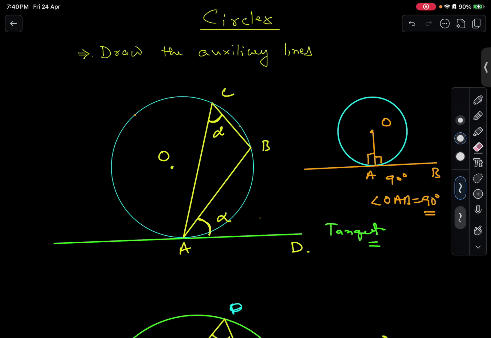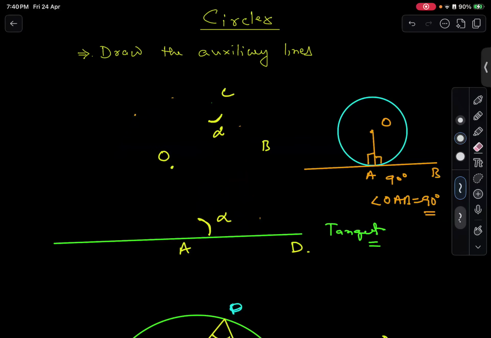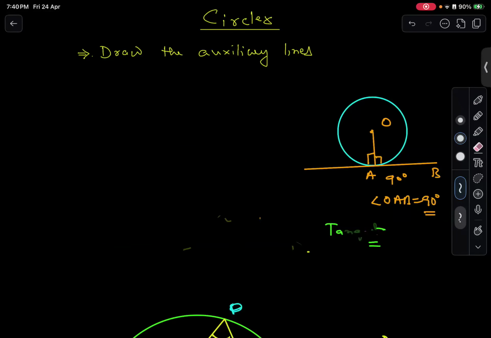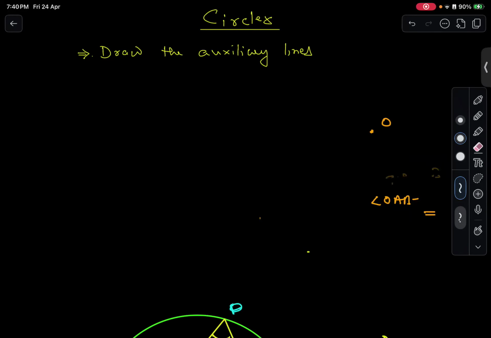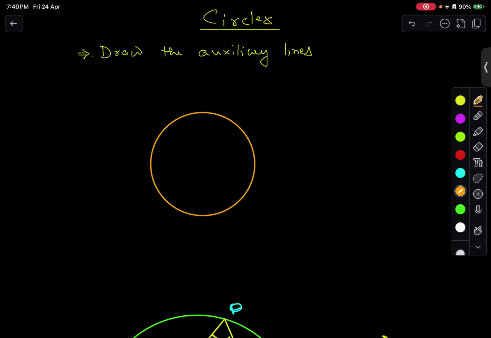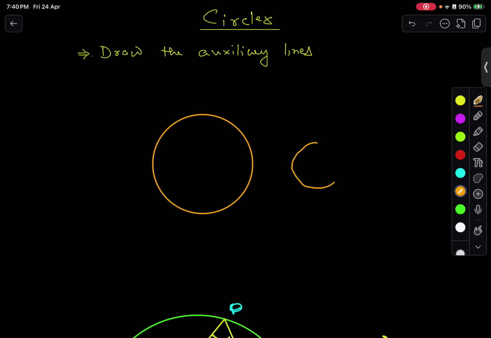Now, what we have done is a tangent line with one circle. If I'm going with two circles, how will this work, we have to see. Let this be one circle and let this be another circle. This is called a common tangent to both the circles.